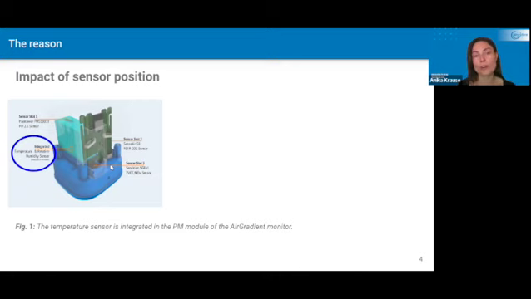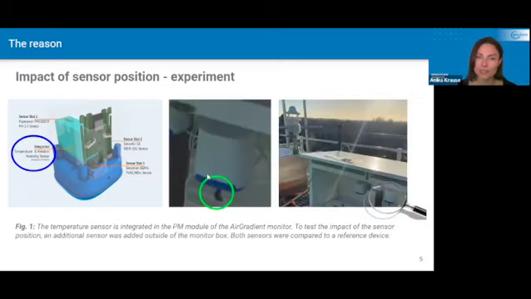To confirm this hypothesis, we did a little experiment. We co-located an Open Air sensor with a reference instrument. And here you can see we added to the standard monitor another additional temperature sensor, which is directly exposed to the outdoor air. So it kind of dangles out of the monitor.